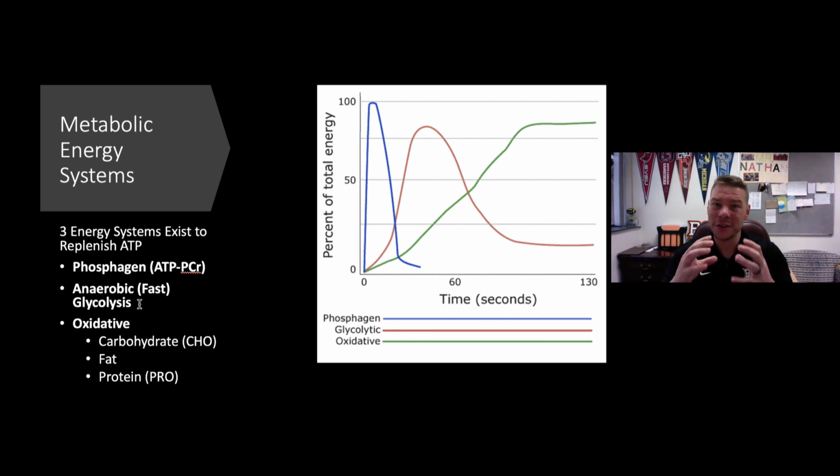Now we've gotten into the oxidative systems. The first one that we just covered in the last talk was carbohydrate oxidation, also called aerobic glycolysis or slow glycolysis. Instead of starting with glucose and glycogen and ending at lactic acid, now we have a sufficient amount of oxygen available.